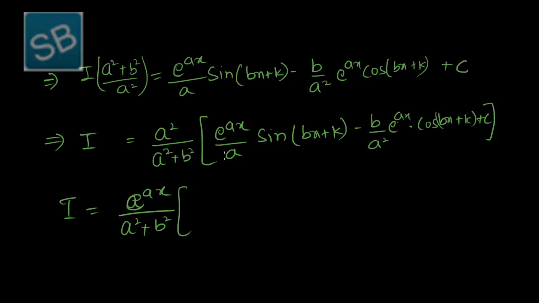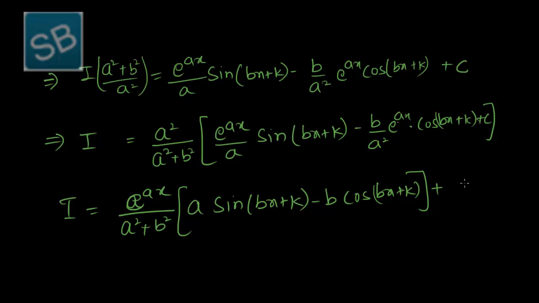We get a square over a, that is a sine (bx plus k), and a square cancel out, minus b cos (bx plus k), bracket close, plus a square c over a square plus b square.